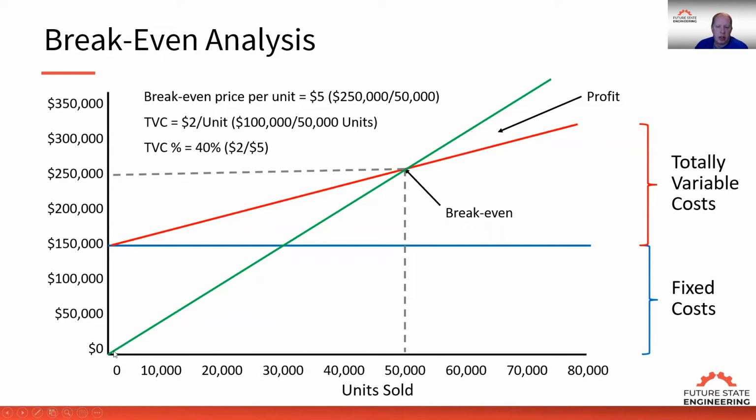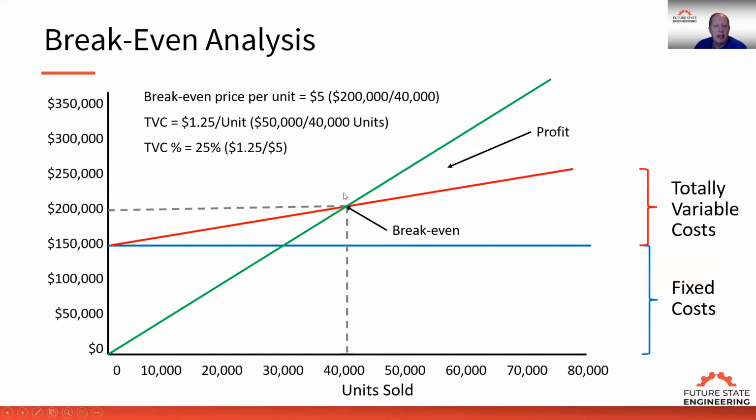So if you look at this, you can see the green line represents our revenue based on volume. The blue line represents our fixed costs. The red line represents our totally variable cost. So in this case, the break-even point is at $250,000 at 50,000 units sold. So our break-even cost is $5. So anything above $5, we're going to make a profit, assuming that we can sell 50,000 units.